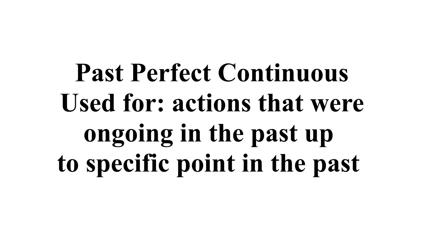So the past perfect continuous is used for actions that were ongoing up to a point in the past, and then they were interrupted by a specific action or point that happened. So let's try to explain that. So you're doing something. I had been doing this action, long action, and then it's interrupted, very similar to the way the past continuous is interrupted by the past simple.